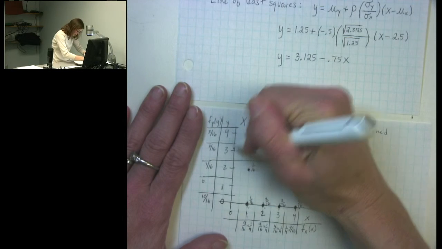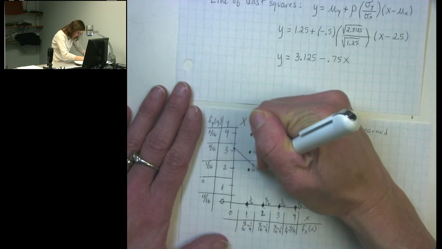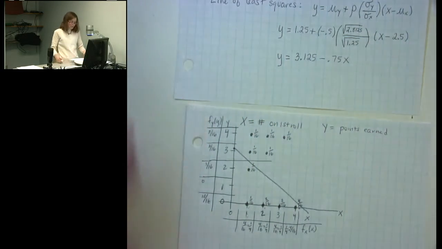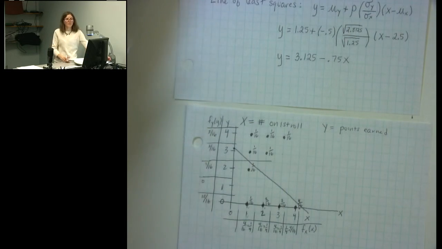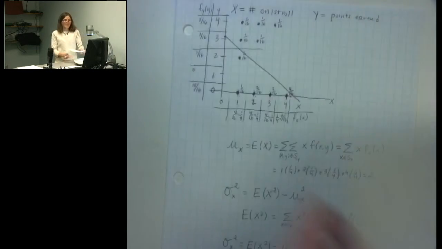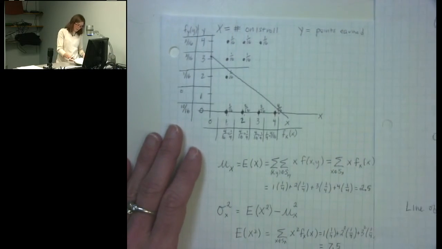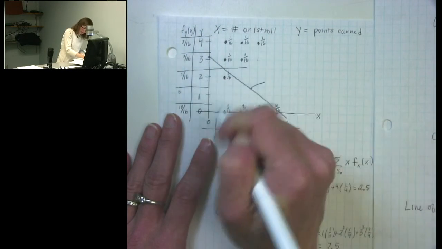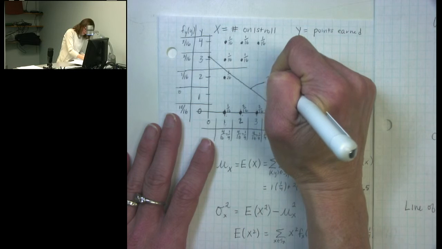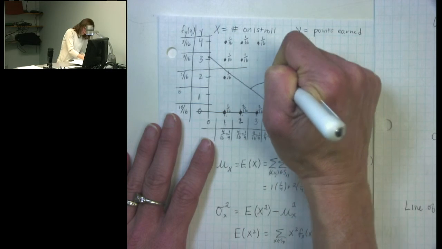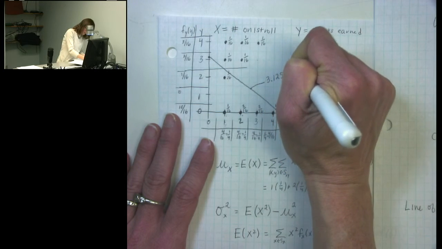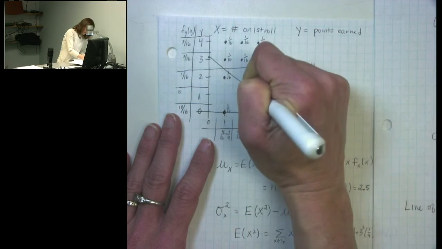We're going to have a line that's going to go through like this. I'll label this as my regression line, my least squares line: 3.125 minus 0.75x is equal to y. That's our line.